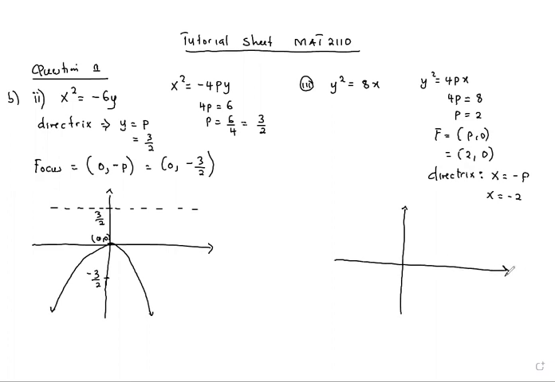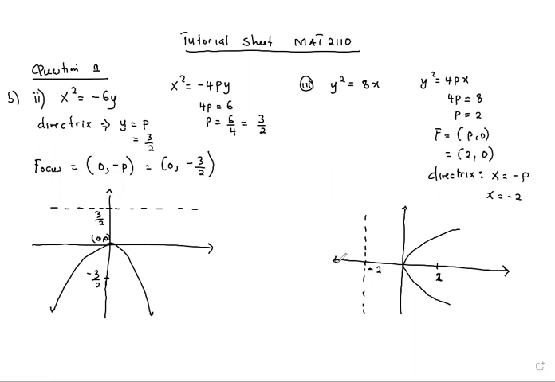So it's facing where? The right. P is now known, so it's 2. That's 2, 0. And then you have the line, negative 2.